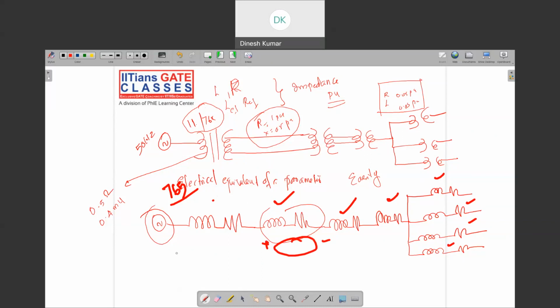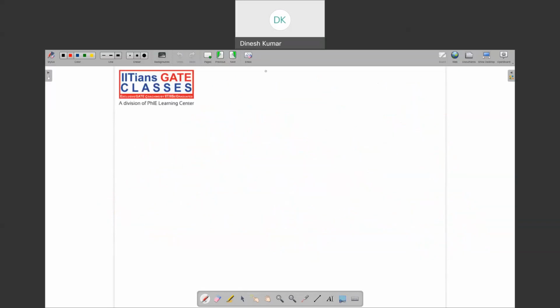Okay. So now we can check the advantages of the per unit system. This is very important. So what are the advantages of per unit system?